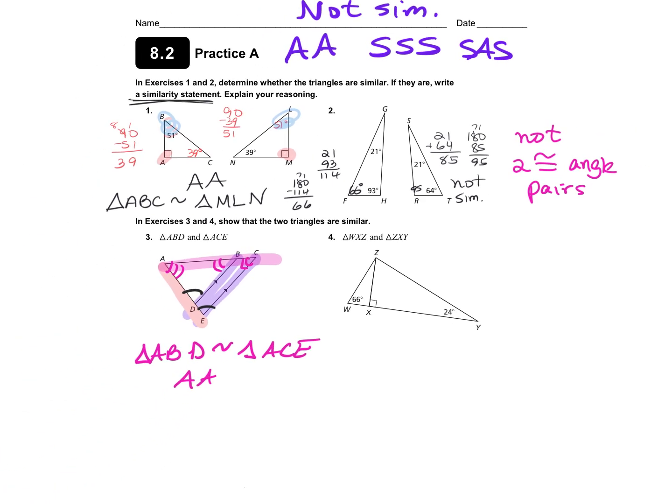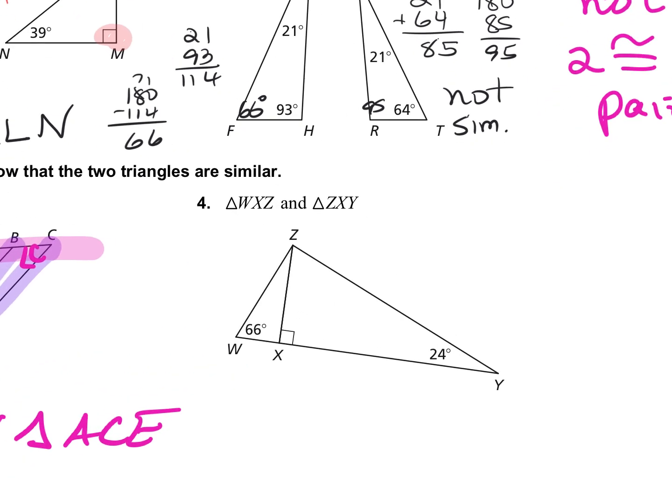All right, so for the next one, again, they're telling you the two triangles to check to see which ones are similar. So we have WXZ, which is this one, and they want you to compare it to this one. Notice you already have a right angle here. Because this is a straight angle, I've also got a right angle here.